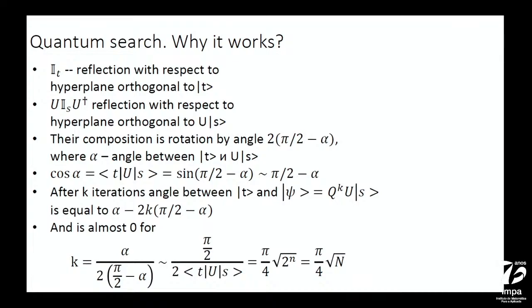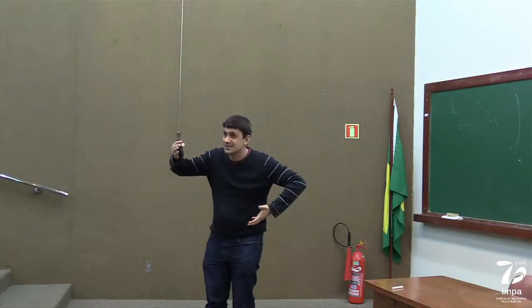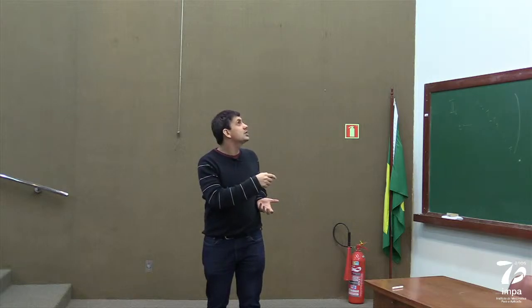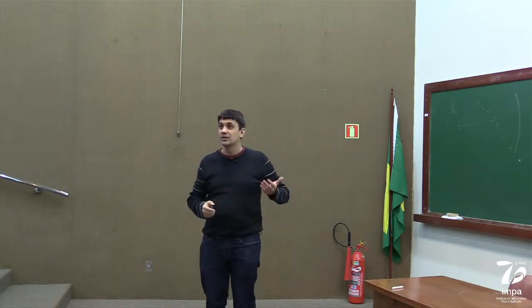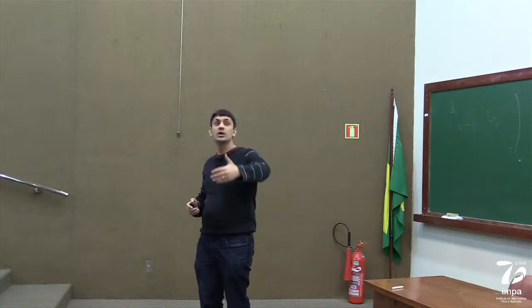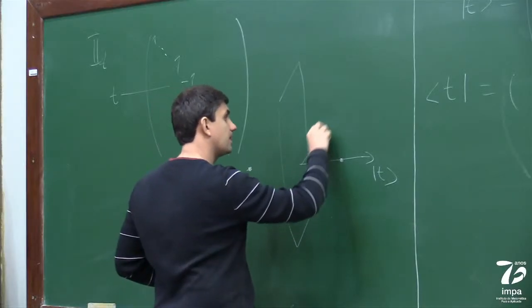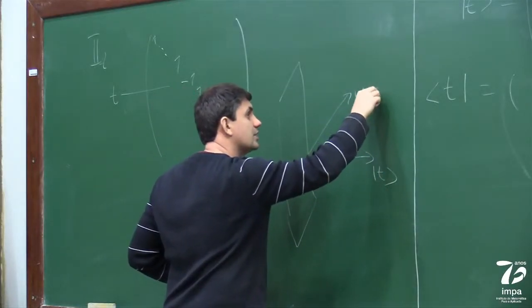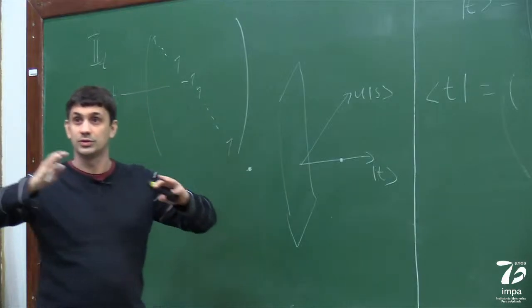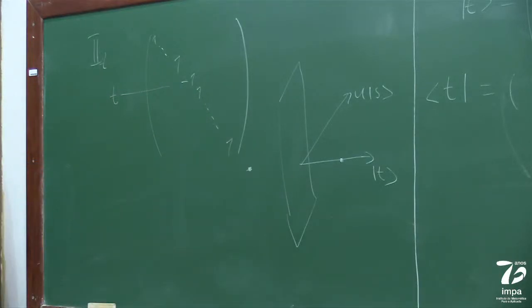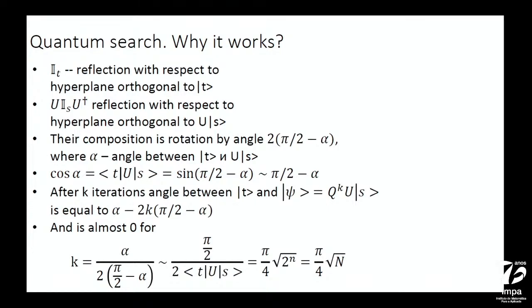But here I wrote U inverse U, which means that I just changed the basis. So it becomes actually a reflection with respect to a hyperplane orthogonal to U of S. Now what do I have for T? I have U of S. It is not a basis vector, so it's a much more complicated object. But still, what I'm doing is a reflection with respect to a hyperplane orthogonal to it.